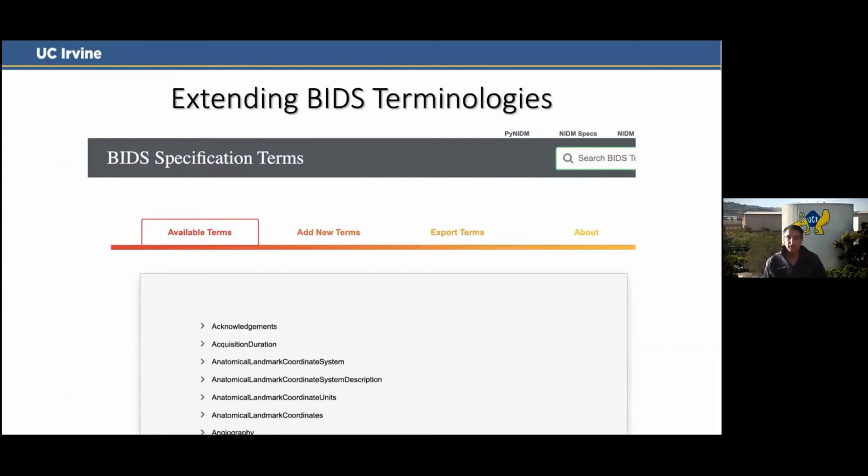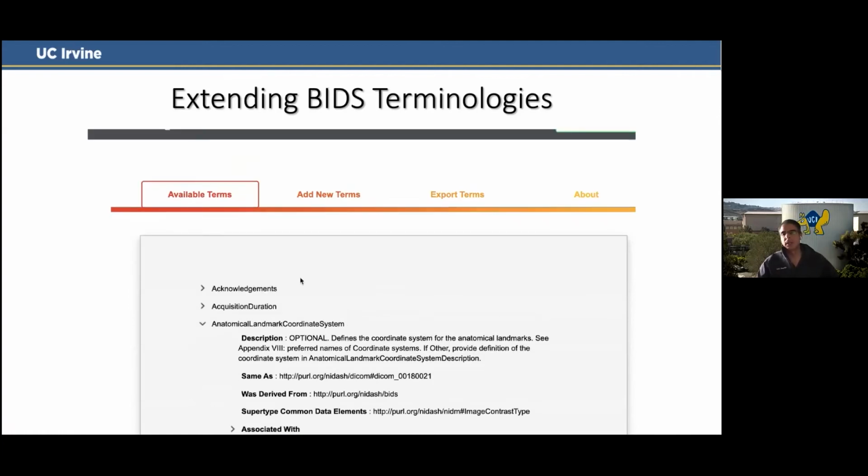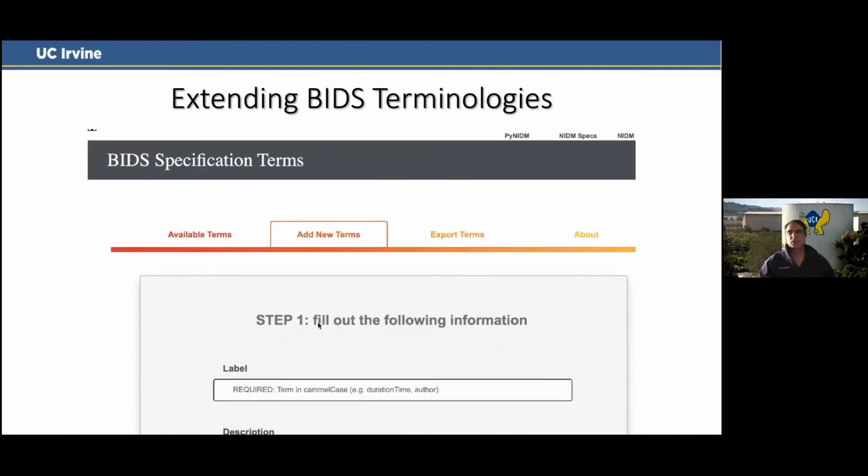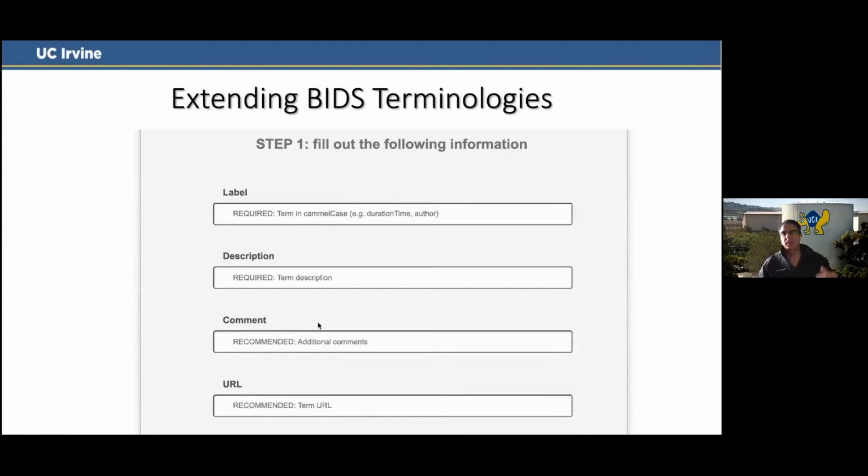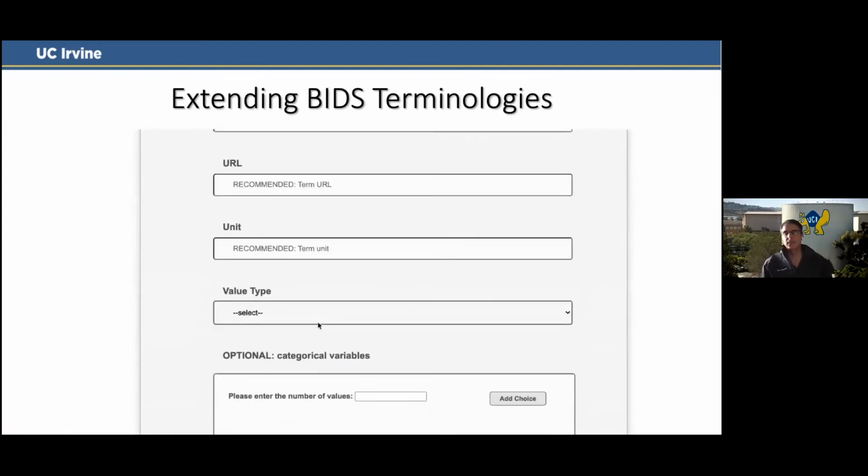And then they are used in BIDS data sets in the future. We built a little JavaScript tool that allows you to graphically look at these same terminologies. So in the case of the BIDS example, you don't have to look at the JSON-LD documents. You can look at this JavaScript tool. You can add new terms here.